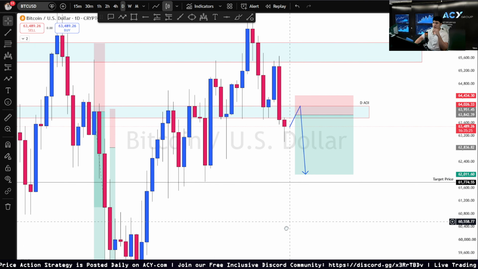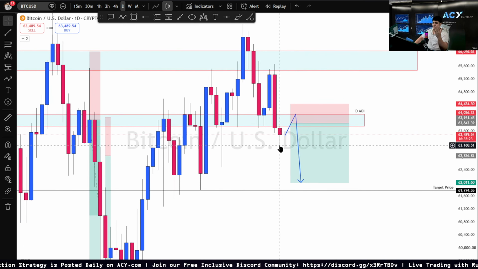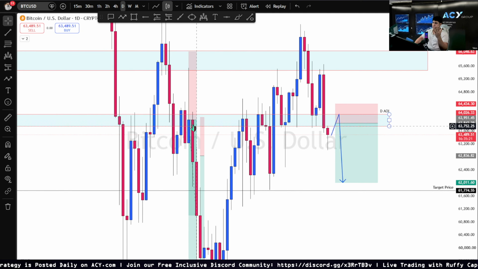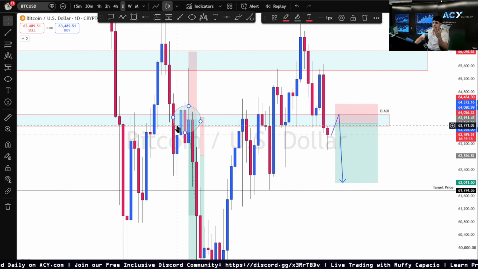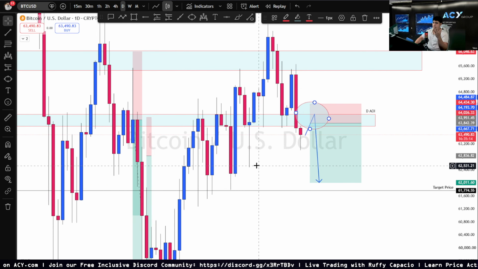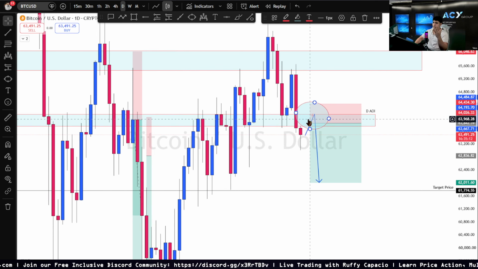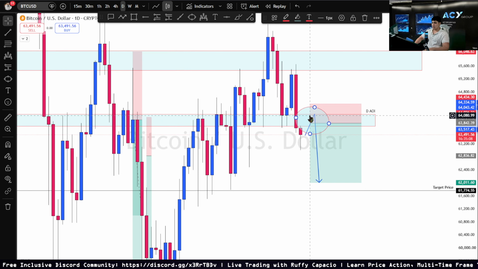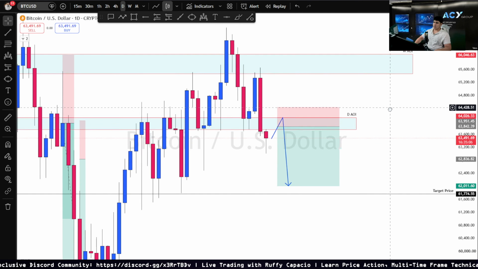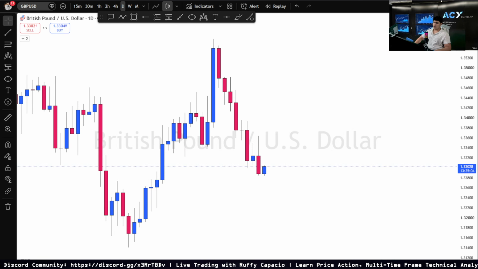Right after the market broke below, the only thing to do is copy the exact move. Like this one: the market broke, retested as a resistance, copy the exact move, wait for the market to properly retrace, wait for any entry signal, catch a sell. Okay, that is for Bitcoin.